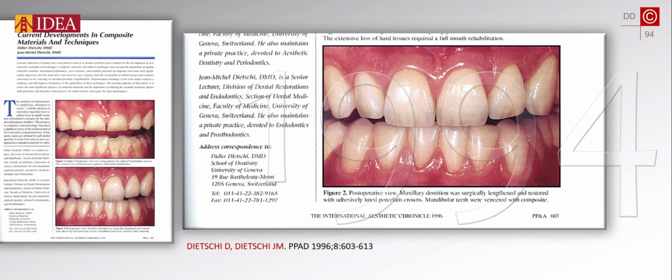I also started to use this quite a long time ago. That was the first publication that I did with my brother, 1996, in a journal that no longer exists, but it was a conceptual change in our approach, which for this bulimic patient involved a combination of direct and indirect restorations using composite and ceramics, what I call today a hybrid approach.